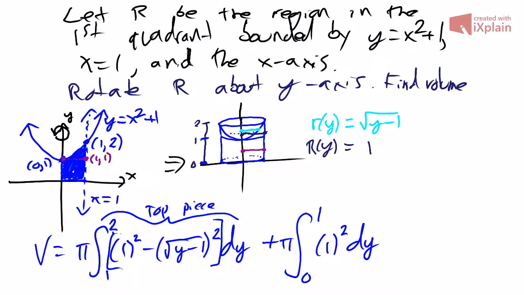There's a constant radius from here to here, that's just always length 1. That doesn't change. Okay, so then this was the volume of the bottom piece.